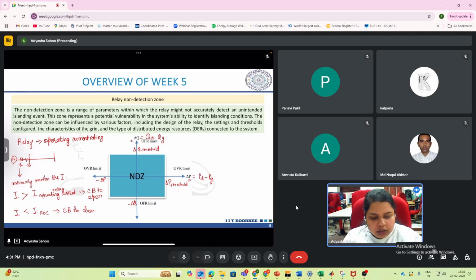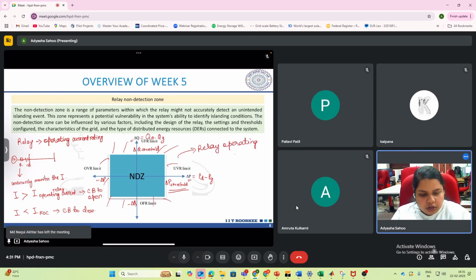So if the change in the active power is greater than this threshold, then only this relay will operate. So beyond this square is the relay operating zone.